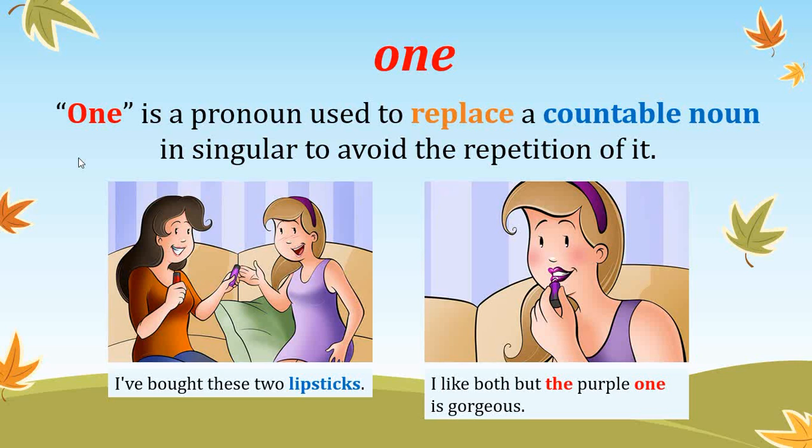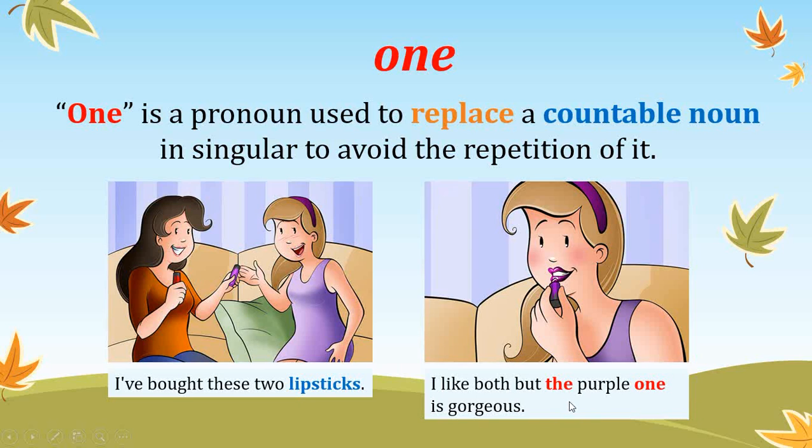If we look at these pictures, we have an example of a situation where the characters are using the word one. I've bought these 2 lipsticks. We can see that she has two lipsticks, one red and one purple. And the girl in the purple dress says, I like both, but the purple one is gorgeous.